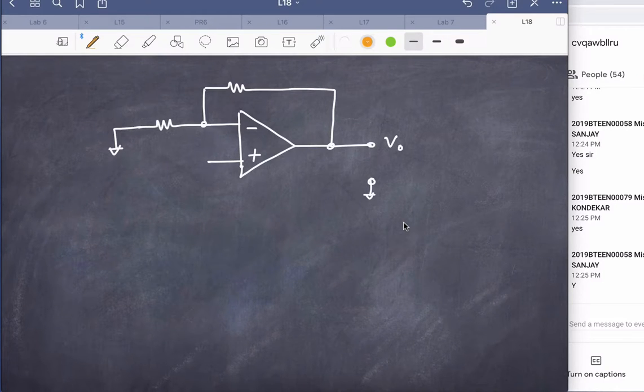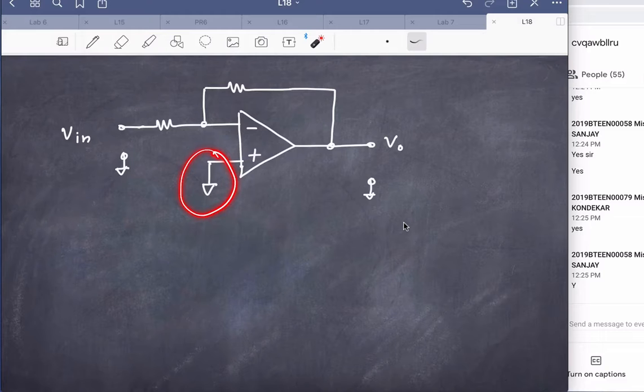This is V input. With respect to ground, and this is usually grounded. So instead of this grounding, we will make it slightly adjustable so that the output can be adjusted accordingly.